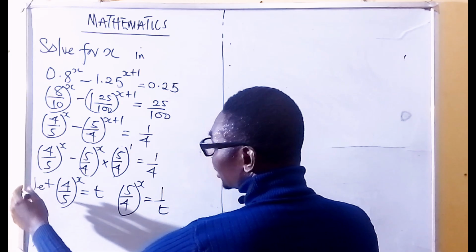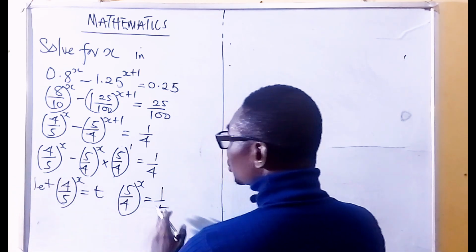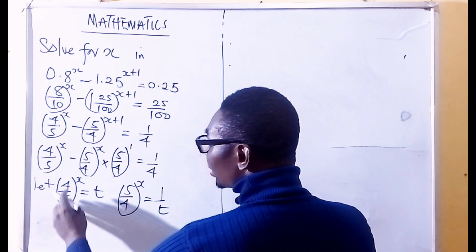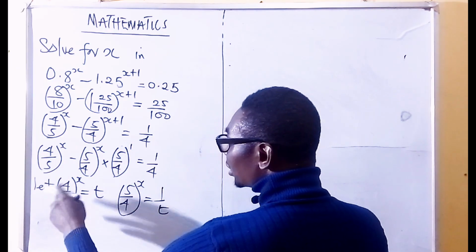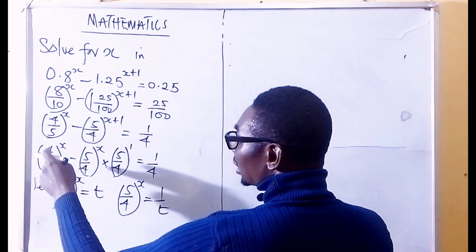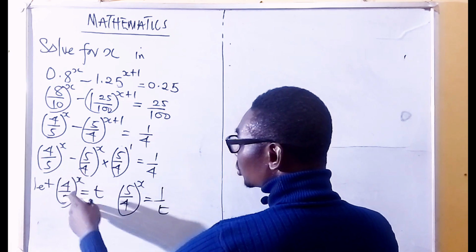So at this point, we are going to represent the whole of this information in this equation. You see 4 over 5 raised to x is equal to t. We represent 4 over 5 raised to x to be t.